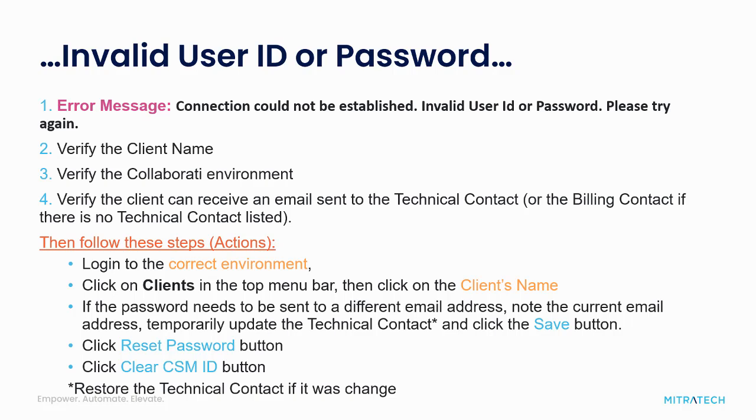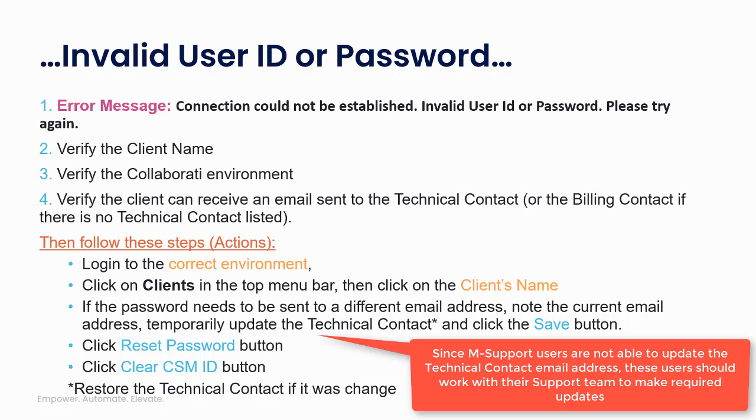First, you will take the step to log into the correct environment that matches number 3. Then click on Clients in the top menu and click on the client's name that matches number 2.